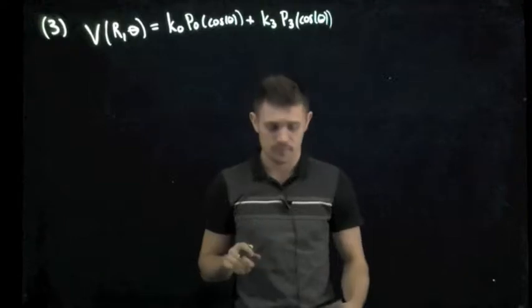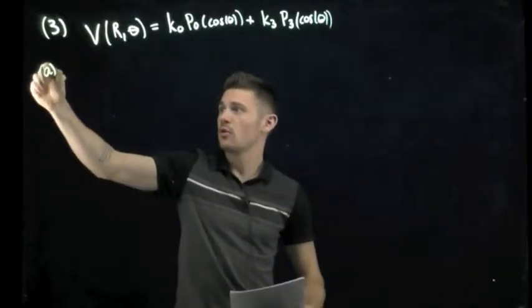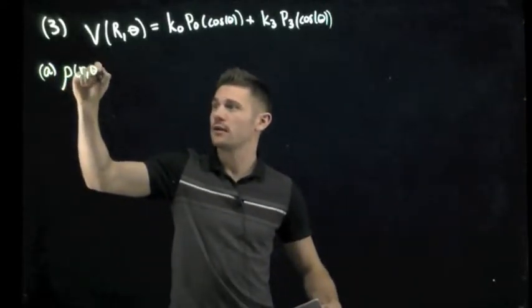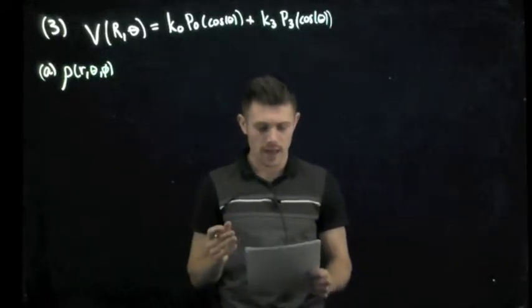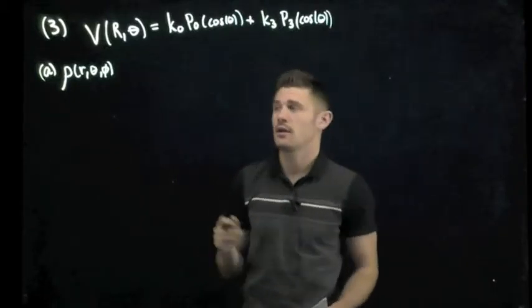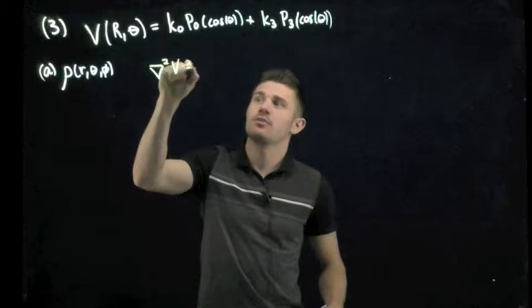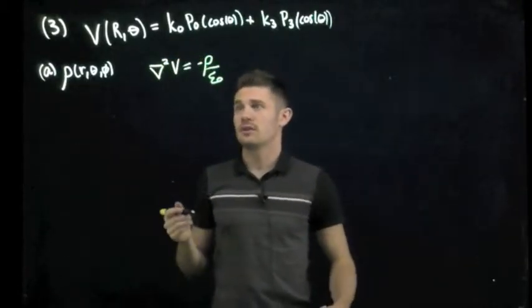of cosine theta. So part A asks, what can we say about the charge density rho of r, theta, and phi inside and outside of the sphere? And in the problem it says that Laplace's equation holds inside and outside. So right away we know that from Poisson's equation, the Laplacian of our potential is negative rho over epsilon naught, I believe.